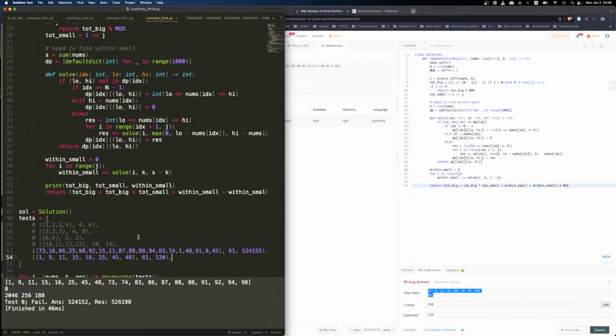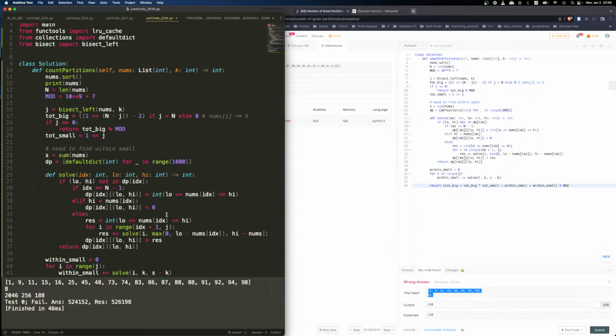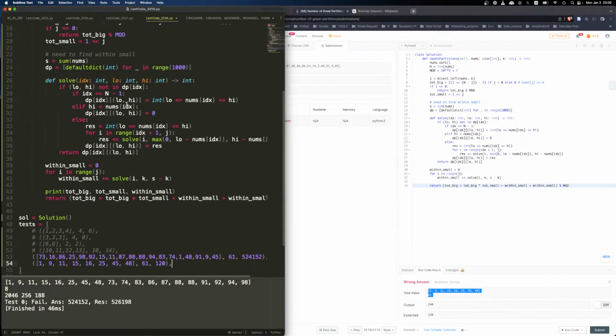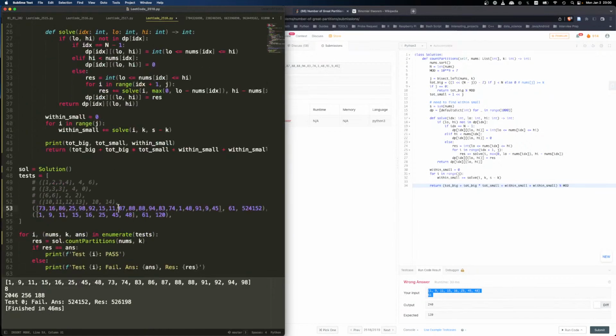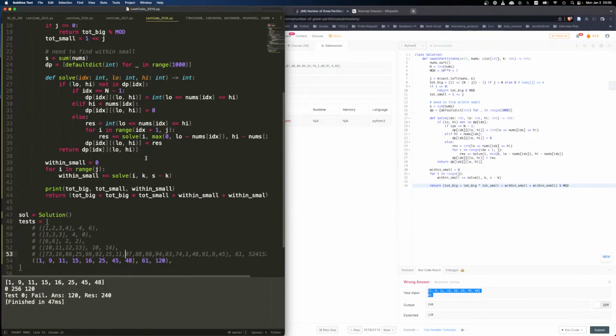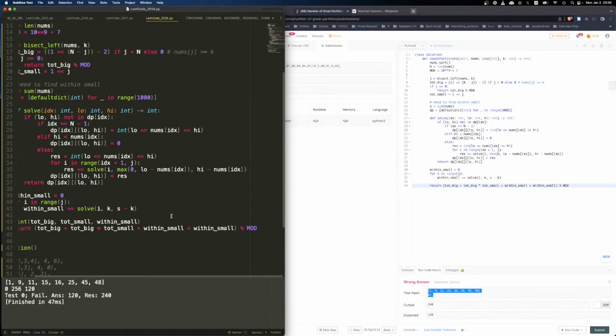But anyway, when we have this, what's J? Well, J in this case is going to equal to N, right? Ah, 120, yeah. It is 120.